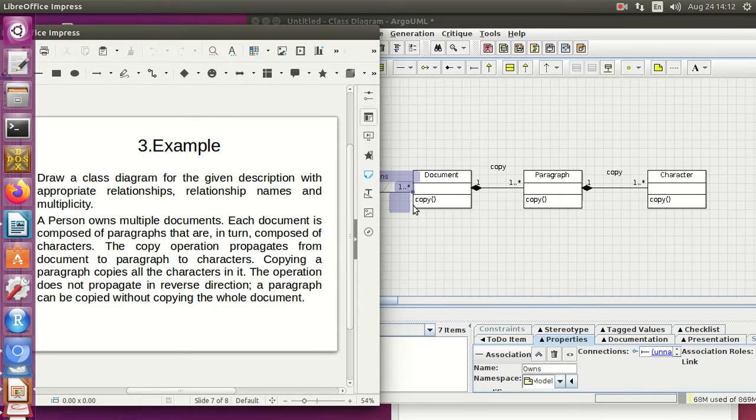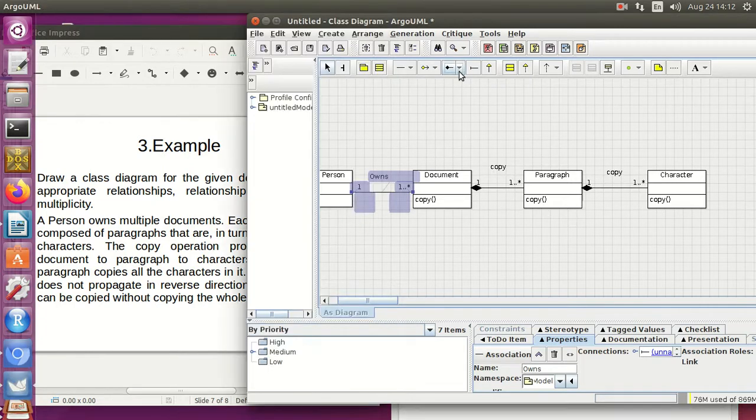That means this copy operation is propagated from the document to the paragraph and from the paragraph to the characters. Copying a paragraph copies all characters in it. The operation does not propagate in the reverse direction, so for that we are using the direction symbol.